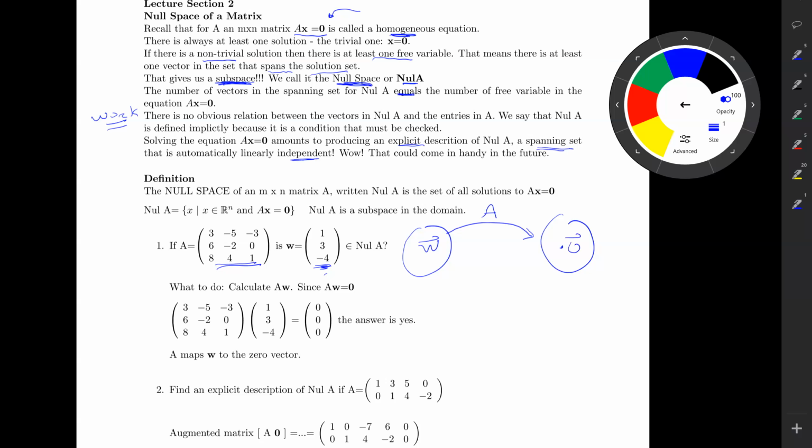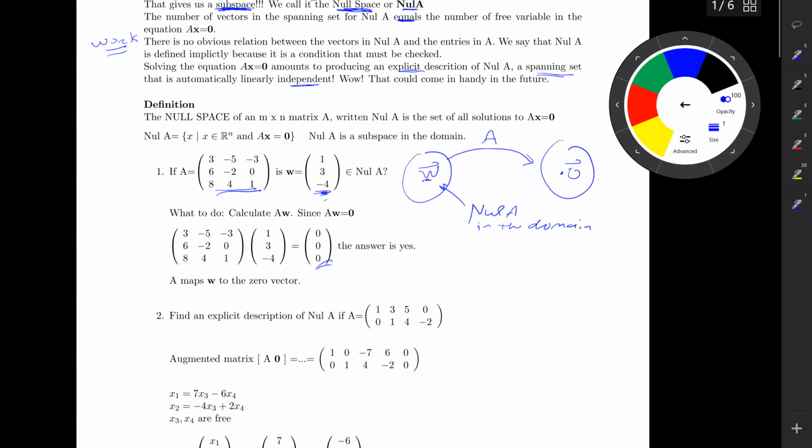Does W go to the 0 vector when I multiply it by A? So here's A, here's W, I multiply it together, I get the 0 vector. So yes, W is in null A. So null A is in the domain because it's the x's that go to the 0 vector. So this vector W maps to the 0 vector is what we say.